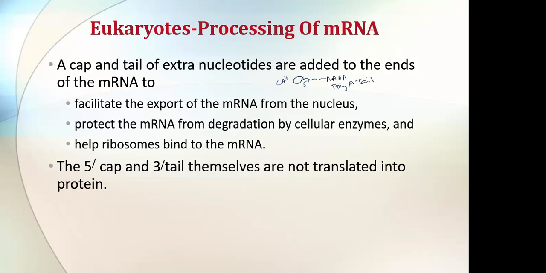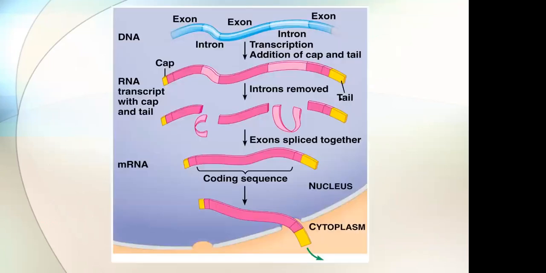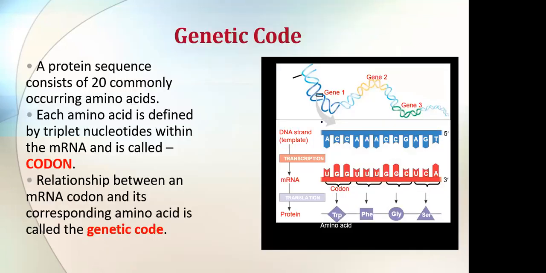So basically it adds one head portion and one tail portion. The tail goes at the 3' end and the head goes at the 5' end. The head is multiple CH3 methyl groups, and the tail is multiple adenines. So that's the 5' cap and 3' tail addition, and this is the RNA processing.